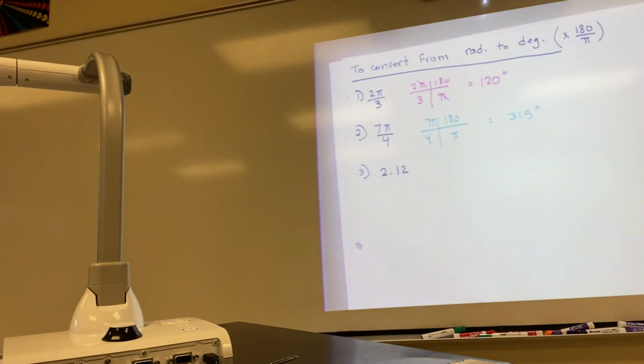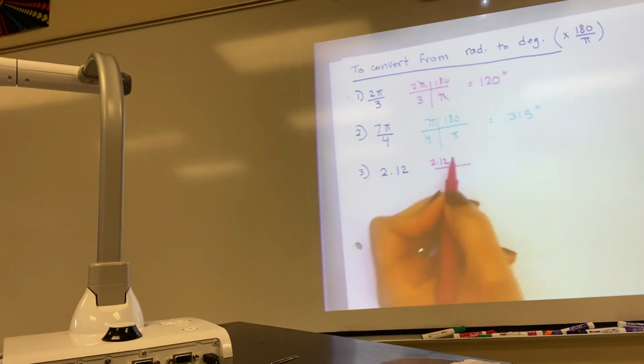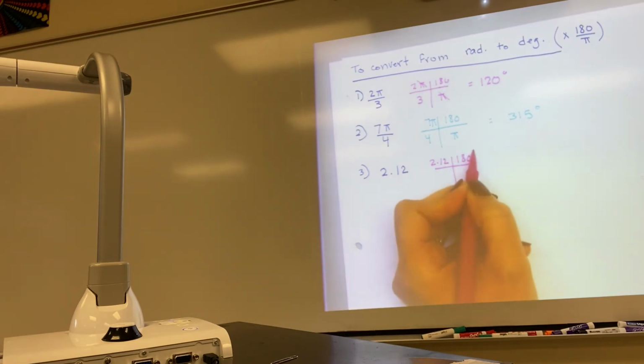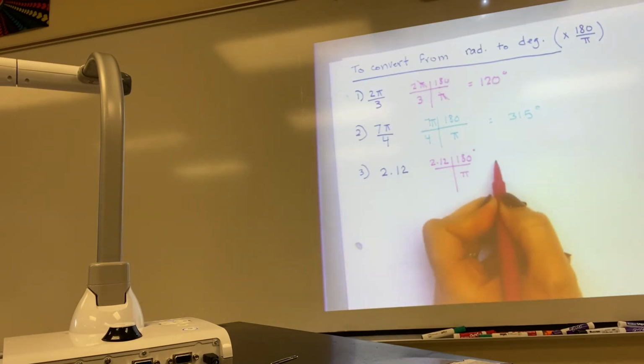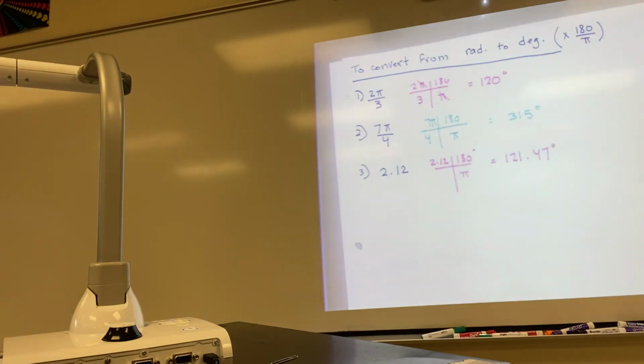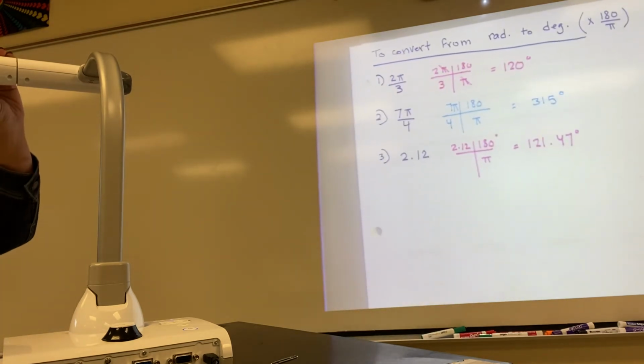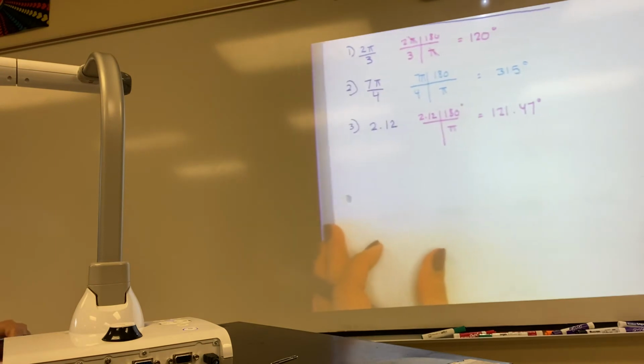I don't use the degree sign, but it's the same thing. I will do 2.12 multiplied by 180 degrees over pi, and that will be 121.47 degrees. Now we learned how to convert from degrees to radians and from radians to degrees. Next, we are going to work with some functions in radian measures.